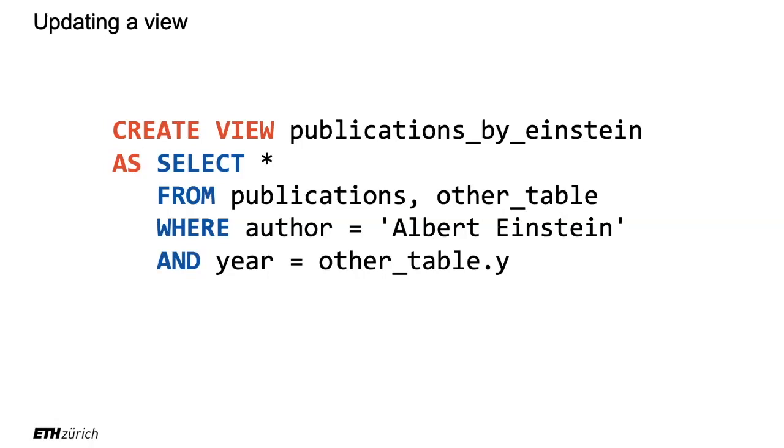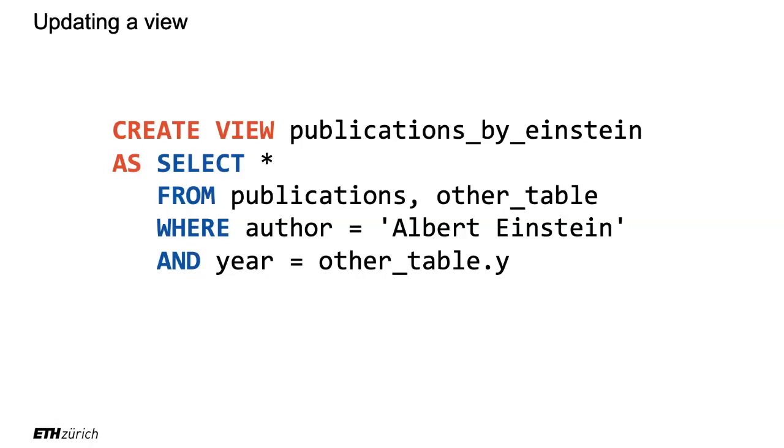All right, and you might think about it, but just to make you think, imagine that I want to update the view by adding a record. What might happen is that I'm creating phantom records in the view.